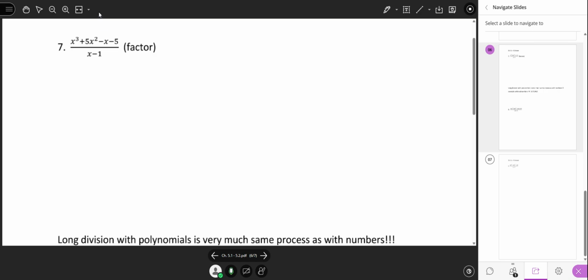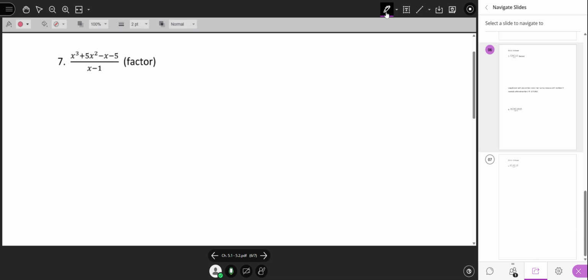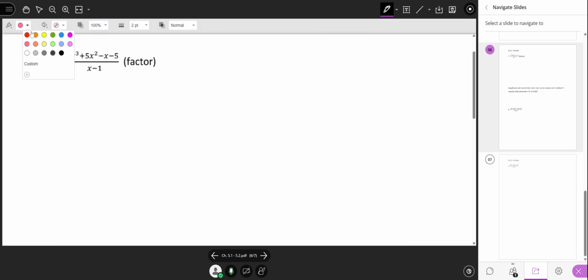No, there is no shortcut on this one. You just got to do it the long way. So I'm dealing with the numerator, or the top. Group the first two, group the last two.